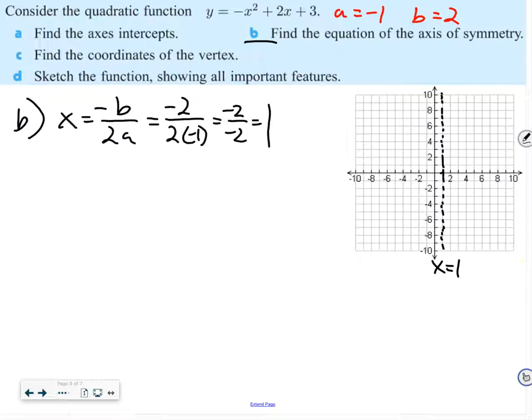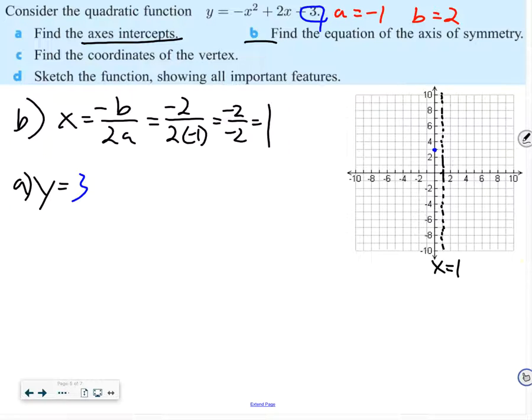If I want to find the intercepts, I know that my y-intercept is equal to my c value, and my c value is 3. So y is equal to 3. That is my y-intercept.